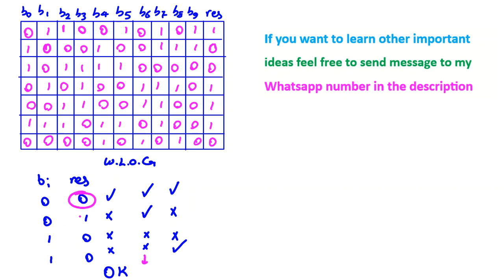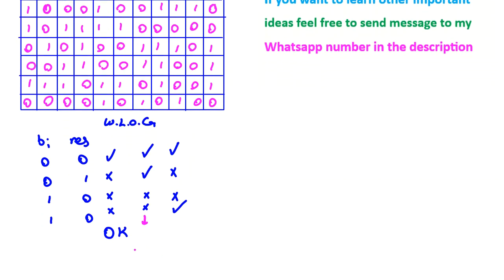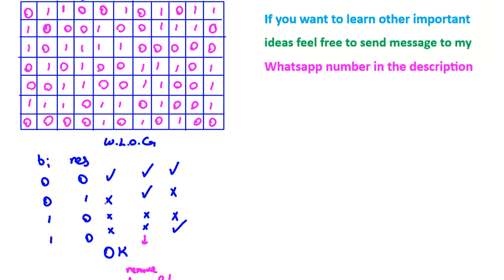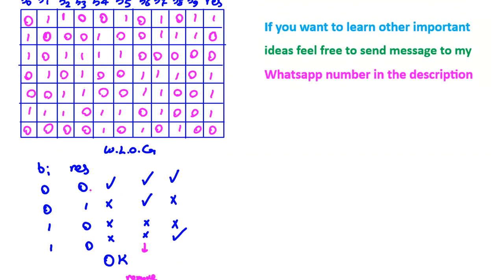And also for some cases, it's 0, it's 1. So you should only focus on other cases. So for this one, we should remove the column of Bi because it has no effect. It is always 0. Sometimes the result is 0, sometimes 1. You should focus on the rest.